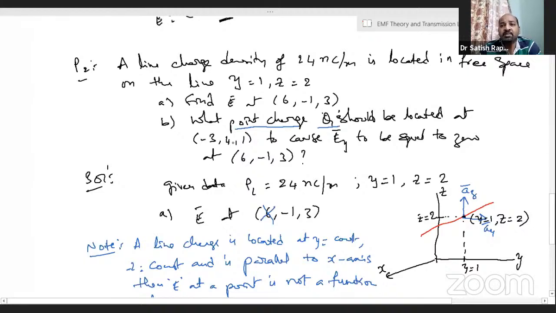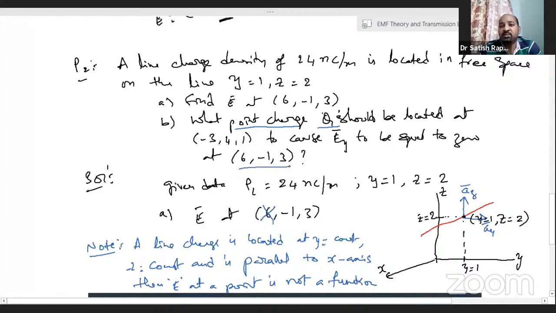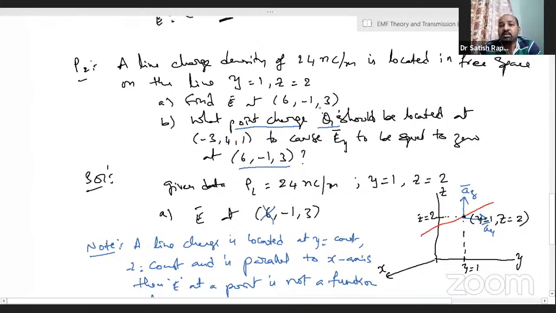In B bit, in addition to line charge, a point charge Q should be located at -3, 4, 1 to cause Ey bar to be equal to 0 at (6, -1, 3). Same point here, (6, -1, 3), and here also (6, -1, 3), right?